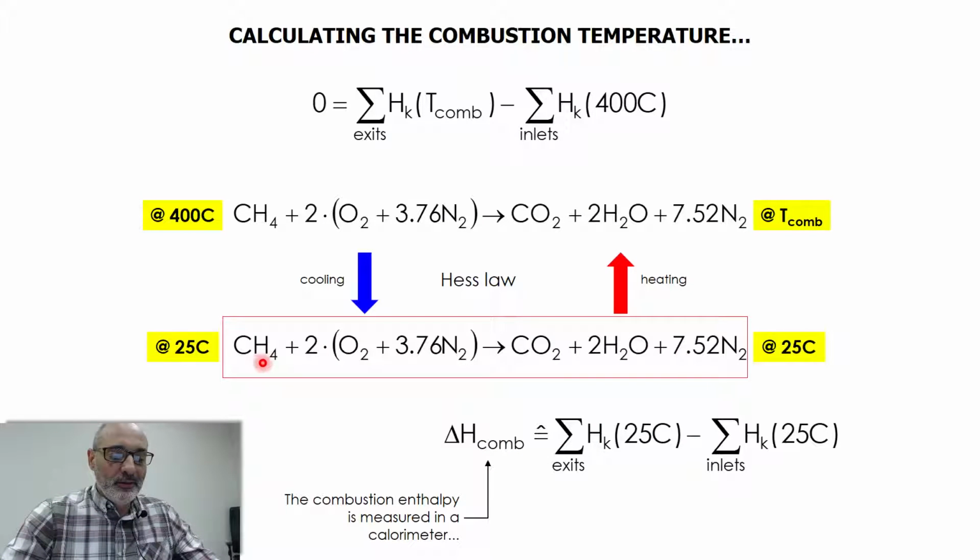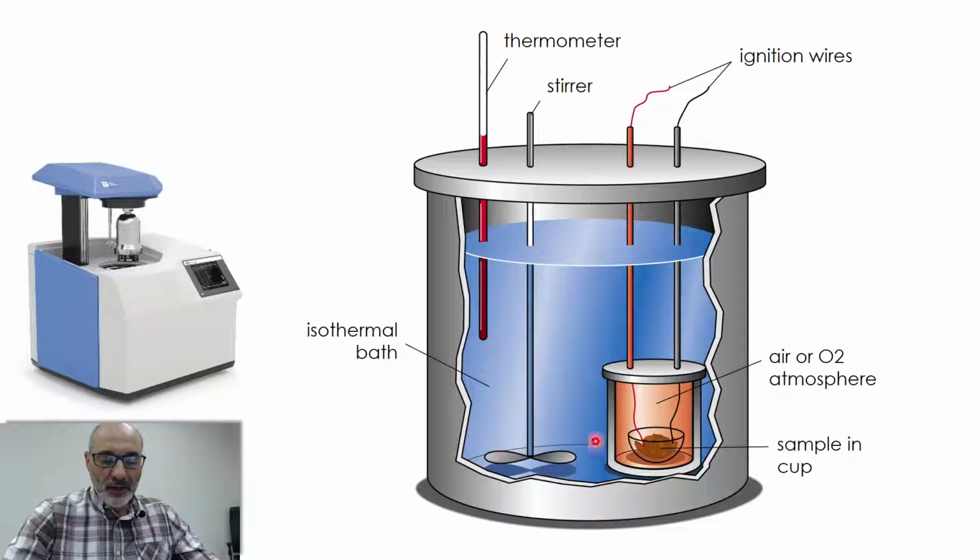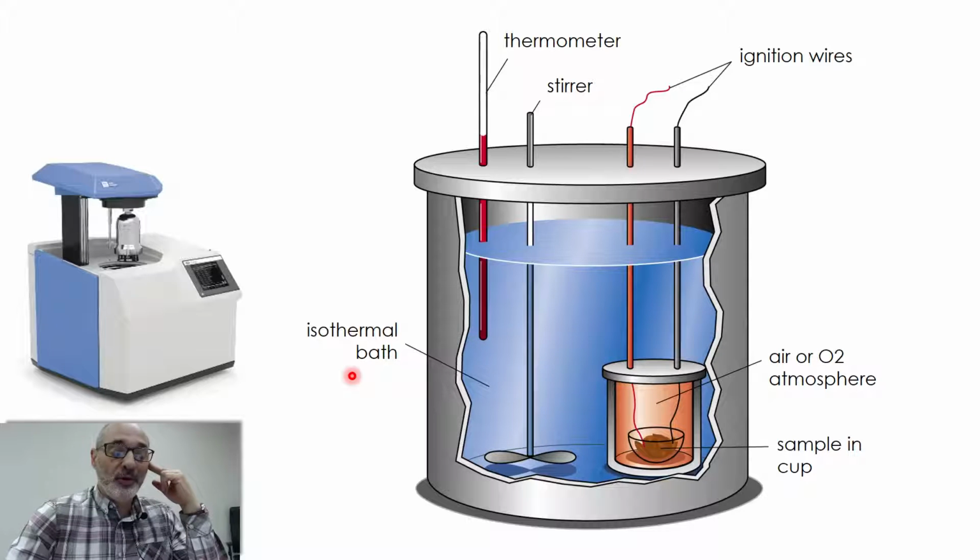We have a means of maintaining the temperature at 25 degrees. The reaction is going to take place inside this chamber here. You mix air or pure O2 with your sample, with your fuel, which can be methane or sugarcane bagasse. And outside you have what we call an isothermal bath, which is responsible for maintaining the temperature at 25 degrees.